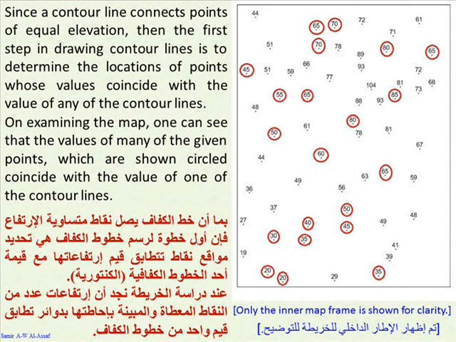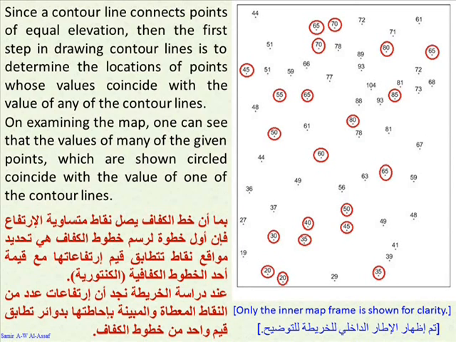Since a contour line connects points of equal elevation, the first step in drawing contour lines is to determine the locations of points whose values coincide with the value of any of the contour lines.